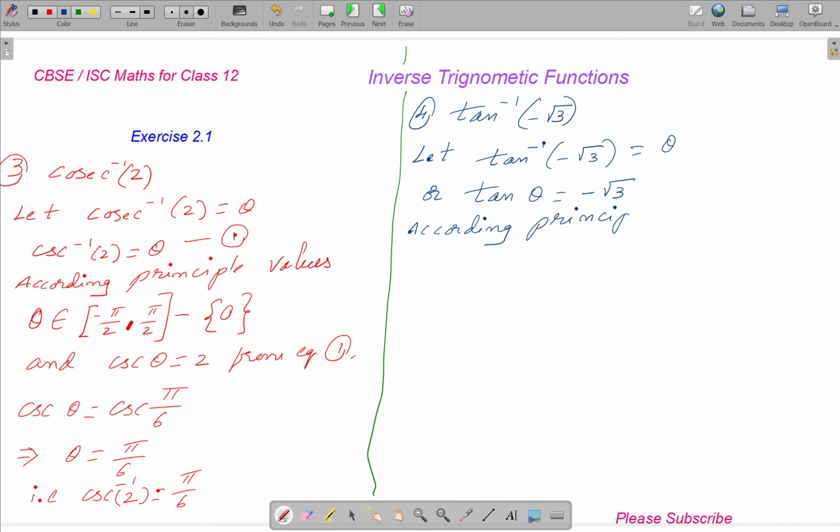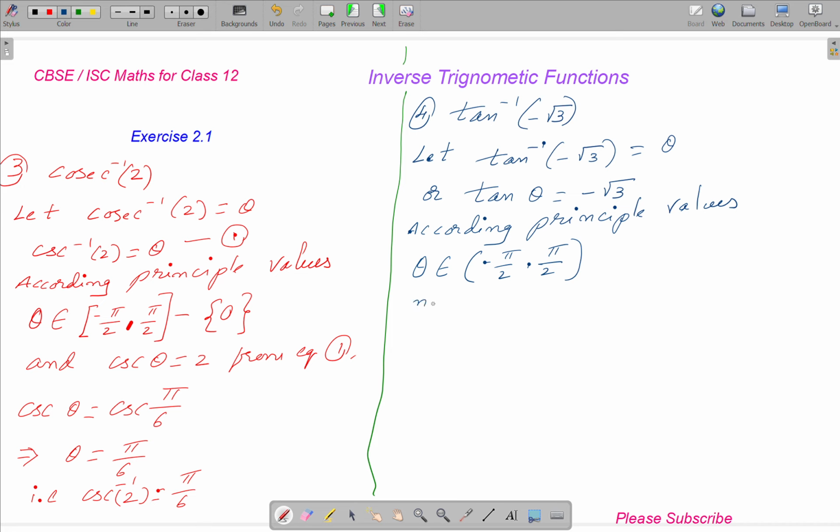According to principal values, theta is an element of the open interval minus pi by 2 to pi by 2.